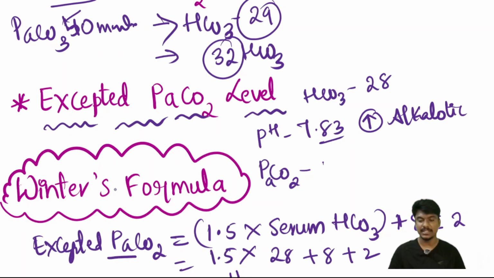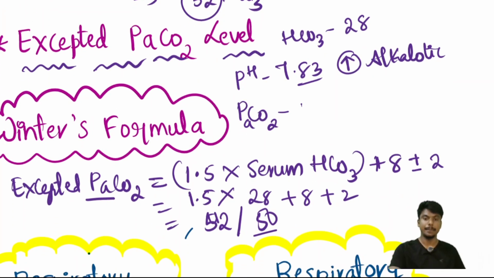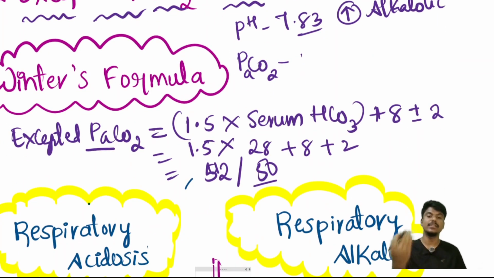If you do the mathematics clearly, we get an expected PCO2 of 50 or 52. That is your normal expected PCO2 level that we get through Winter's formula.